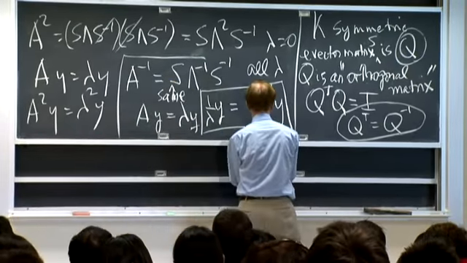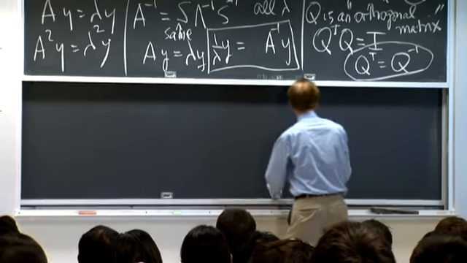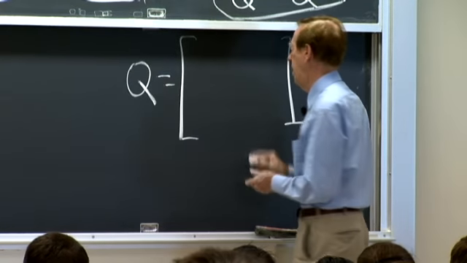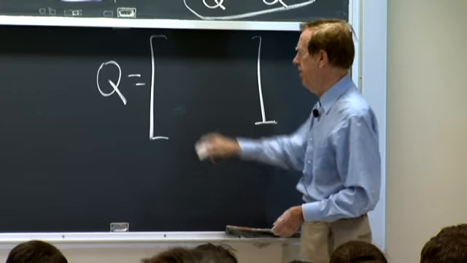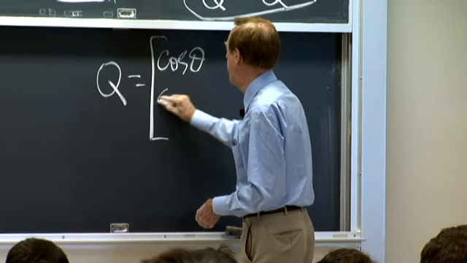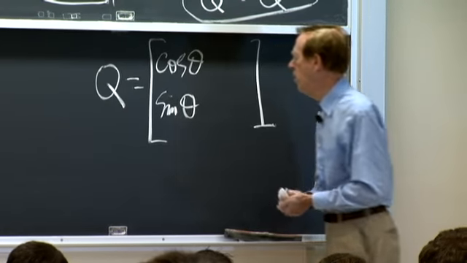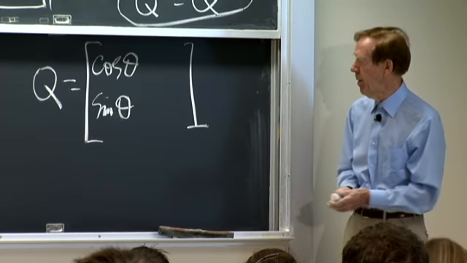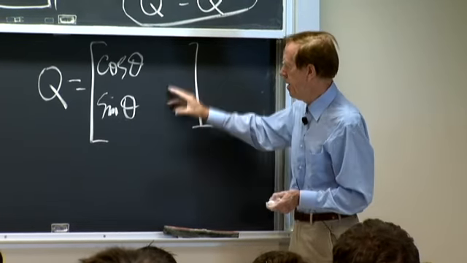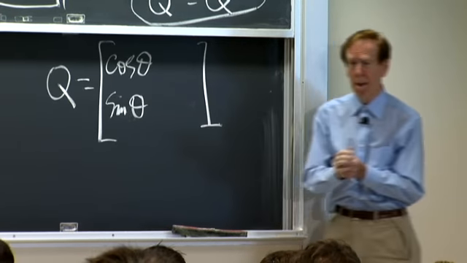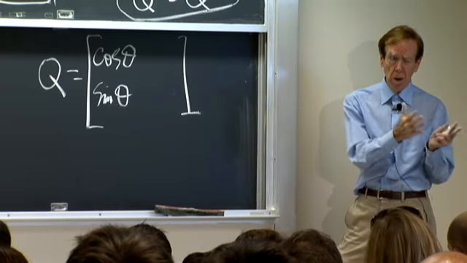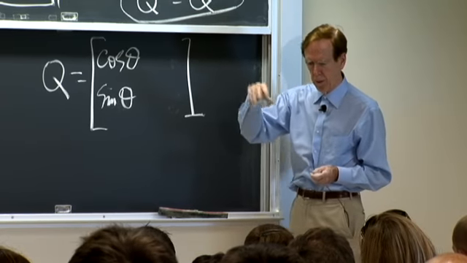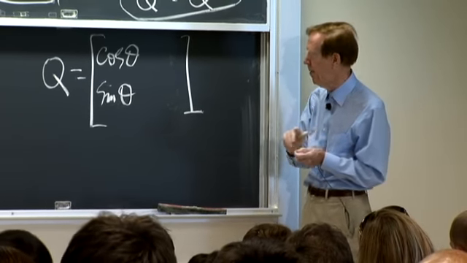I better give an example of an orthogonal matrix. I'll do it right under here. Here's an orthogonal matrix. It's supposed to be a unit vector in the first column, so I'll put cos theta, sine theta. And now what can go in the second column? It's got to be a unit vector again, because we've normalized. And it's got to be, what's the connection to the first column? Orthogonal. So I just want to put something here whose sum of squares is 1, so I'll think cos theta and sine theta again.